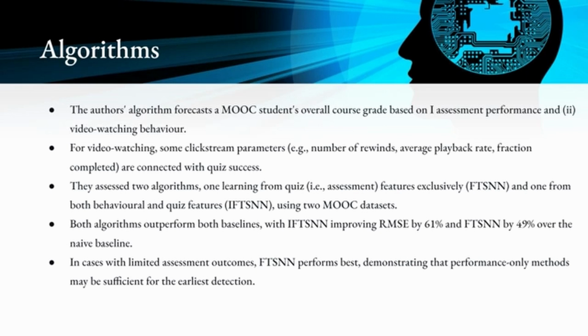Both algorithms beat their respective baselines, with FTSNN increasing RMAE over the naive baseline by 49% and IFTSNN by 61%. FTSNN performs best in situations with constant assessment outcomes, showing that the performance-only approaches can be adequate for the earliest identification.